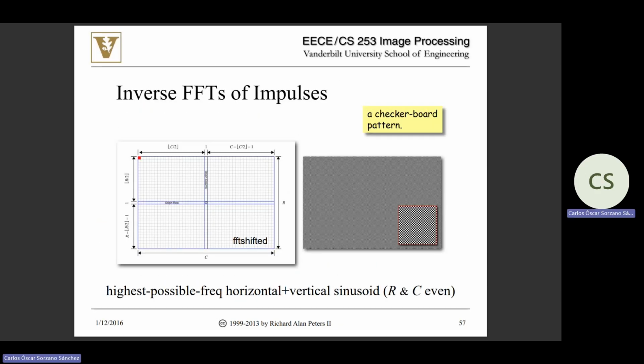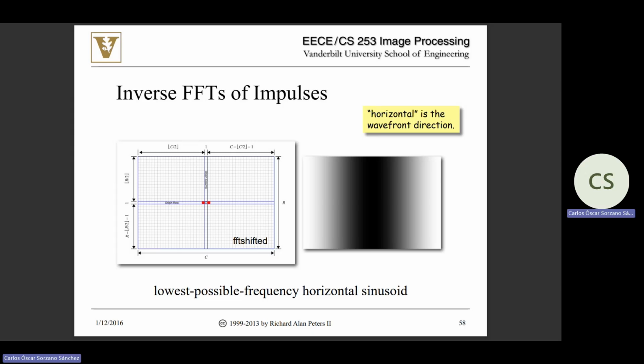So I need the number of columns to reach the same maximum. It is a wave that from maximum to maximum takes the number of columns of my image, so I have a single cycle here. The index is actually the number of cycles you have. If your index is 1 in one direction, you have one cycle.